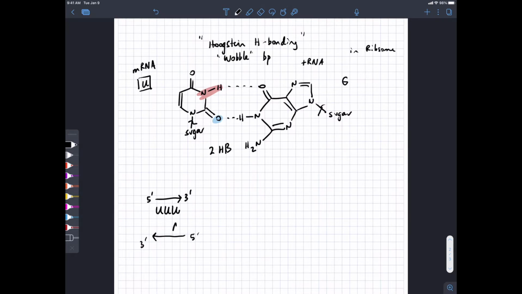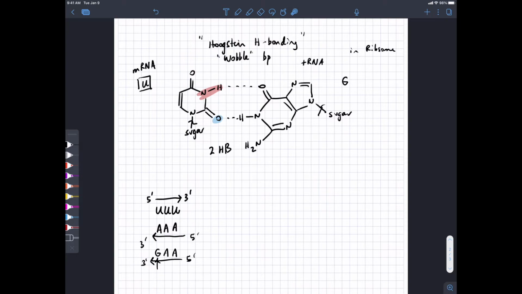The sequence that recognizes that would be A, A, A, right? But what we are saying is that you could also recognize this sequence with AAG. There's some flexibility at the 3rd position in the codon that allows this sequence to be recognized by AAA and AAG. And this turns up in some ways in the genetic code.